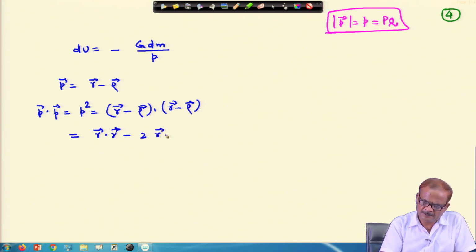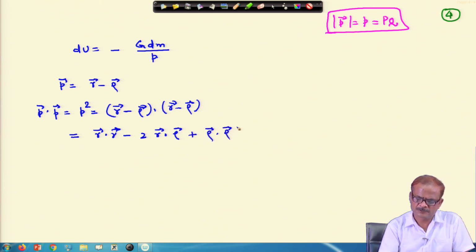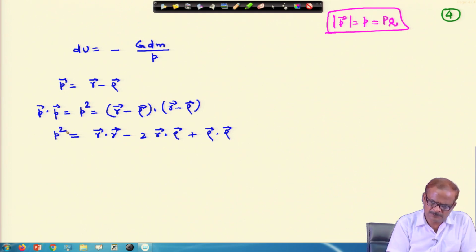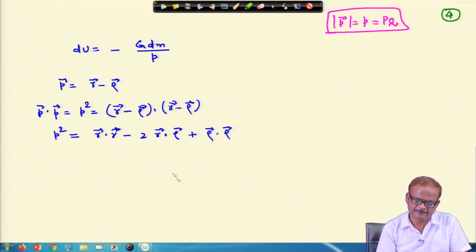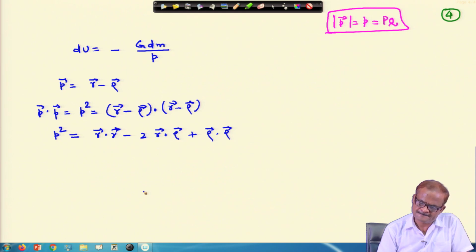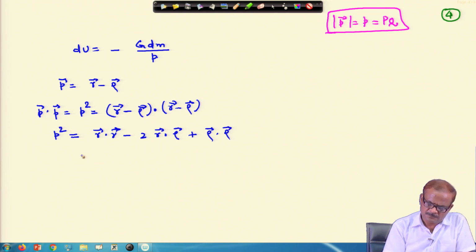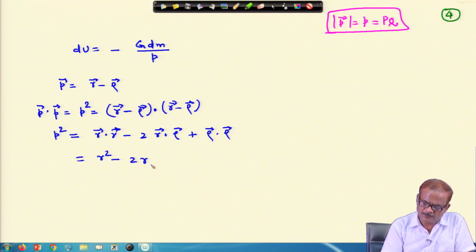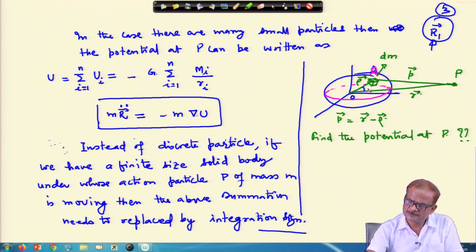So, throughout we have taken the vector approach. This is not the only way of doing it, the scalar approach is also there, and many of the books may be discussing this matter in some different way, but this is one of the most elegant ways of doing things. So, this becomes r squared minus 2 r rho cos of the angle between these two, let us say phi, whichever notation you prefer.